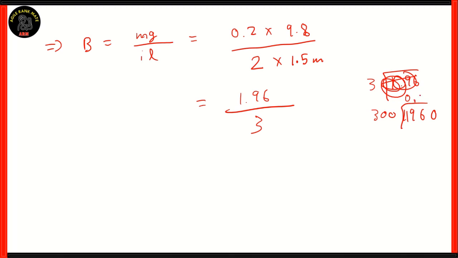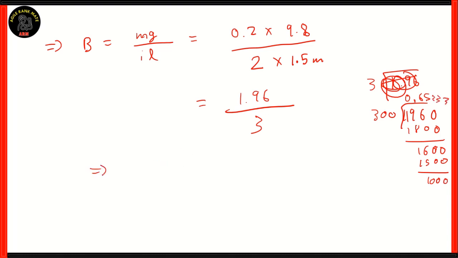At another point, you can get 6, which is 1800, and you get 160 left, which again doesn't go into 300, so you add another 0. So 300 goes into that 5 times, which is 1500, and then you have 100, which then goes 33333.